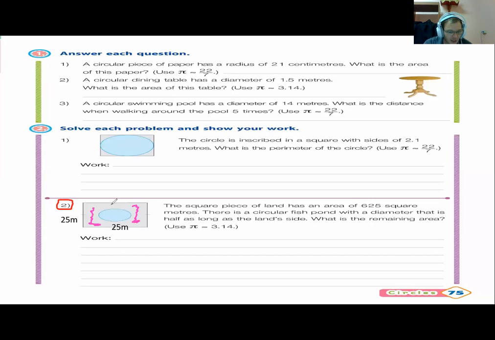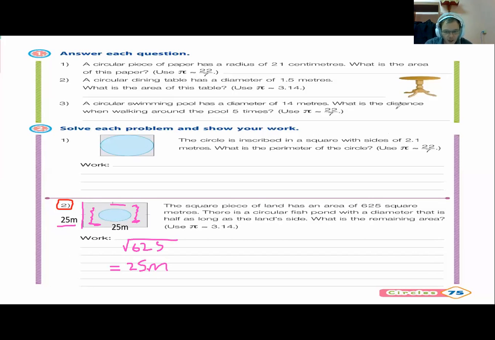We first have to calculate the length of each side. I already calculated that. That is 25 meters. They want us to calculate the square root of 625, and the square root of 625 equals 25 meters. So the length of one side is 25 meters.